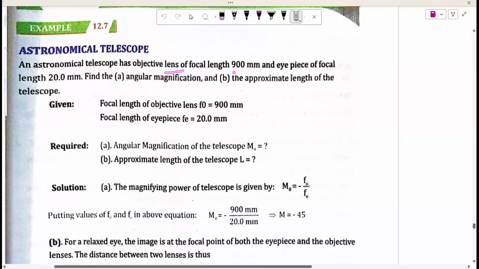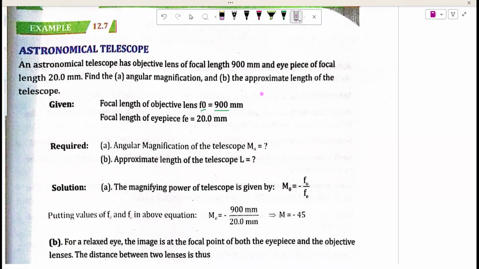An astronomical telescope has an objective lens with FO of 900 millimeter and the focal length of the eyepiece is 20 millimeter. Both have the same units. Angular magnification and appropriate length of the telescope find out करनी है. Length of the telescope totally किसके equal होगी?